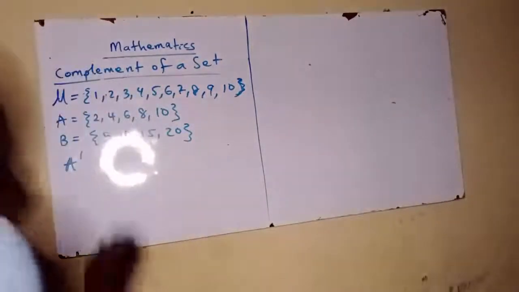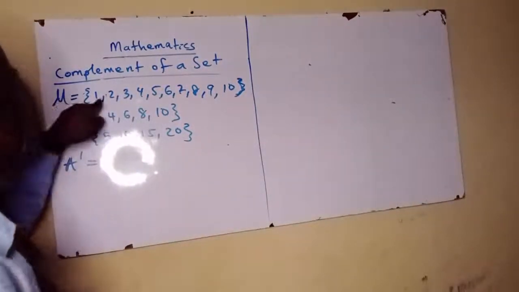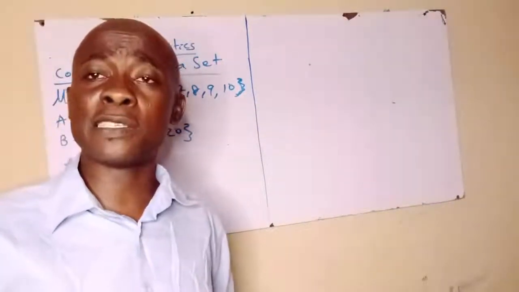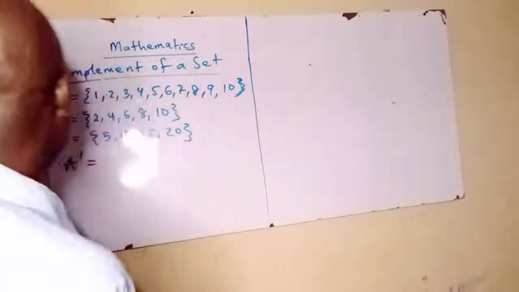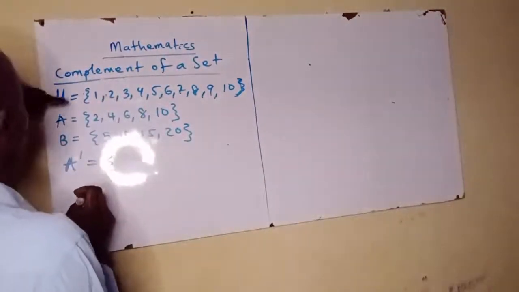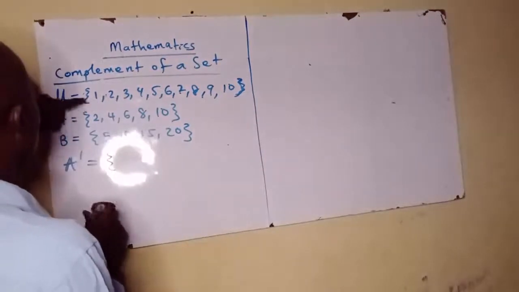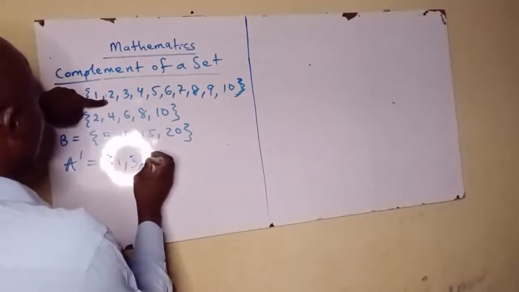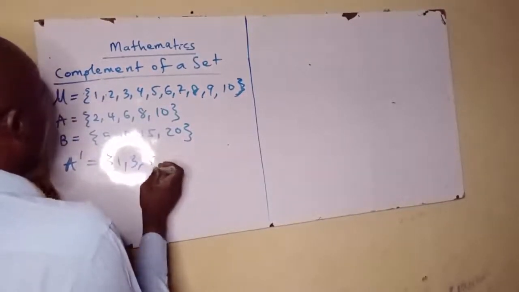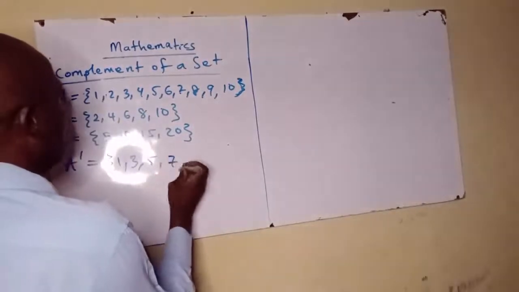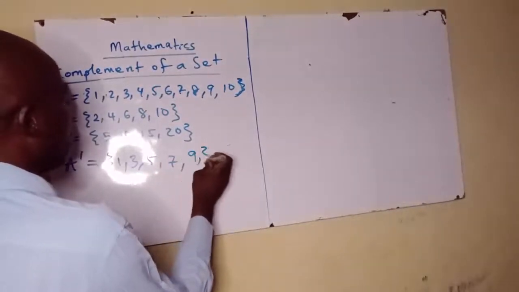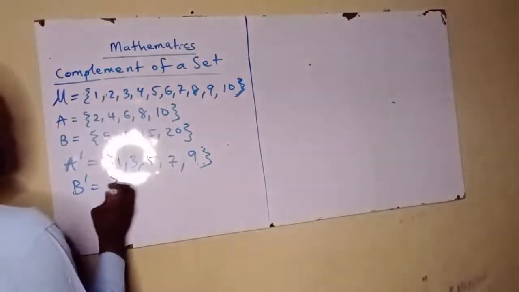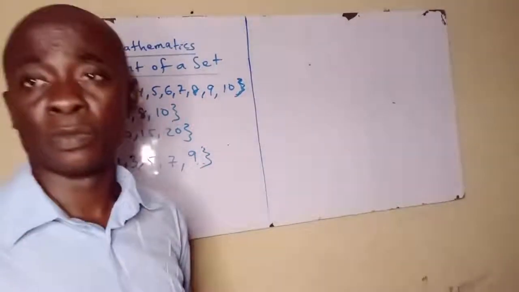I will say that A complement means what is in the universal set that is not in A. The things that are inside the universal set that are not in A. A complement will now be 1. 2 is there, so we are not writing it. 3. 4 is there, we are not writing it. 5. 6 is there, 7 is not there, 8 is there, 9 is not there. So that's A complement.